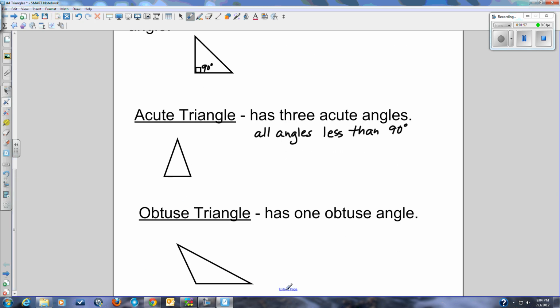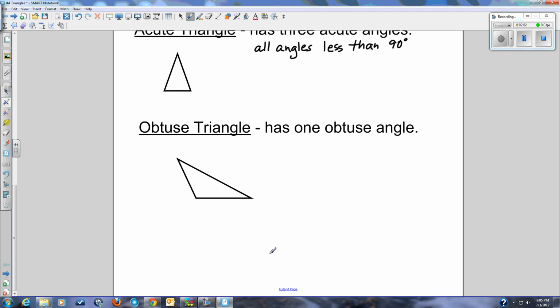They're all acute. Obtuse triangles have one obtuse angle. So an obtuse angle, remember, is bigger than 90 degrees, but less than 180 degrees.